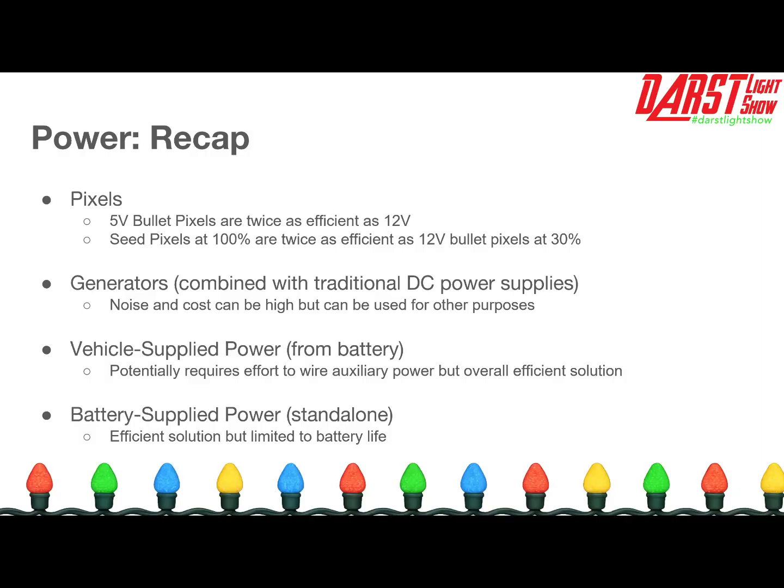People don't know that you're set up for a show, but under the hood, you've got distributed 10 gauge wiring to all these different areas of your vehicle, and then you can just plop things in, and it keeps things clean and tidy. So it's a good, neat solution. And with battery supply power, it's efficient, but you're limited to your battery life. Maybe that's a concern, maybe it's not, depending on your needs.